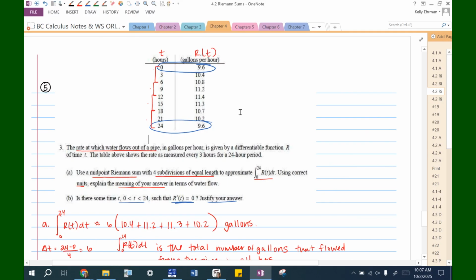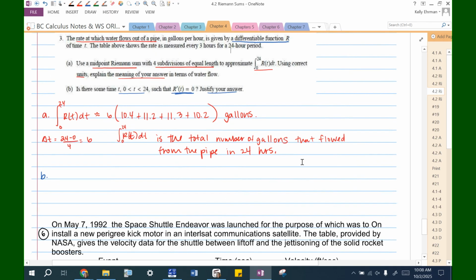So I have to make sure that mean value theorem actually applies here. We're told that r is differentiable. Remember, the stipulation for mean value theorem is that r of t is differentiable, therefore continuous on 0 to 24.